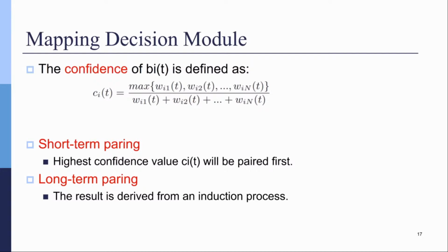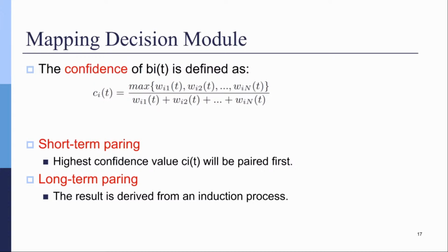Here we design two mapping decision algorithms. One is short-term pairing, the other is long-term pairing. Short-term pairing considers only the latest camera video frame and received broadcast packets. So, the highest confidence value Ci of t will be paired first.